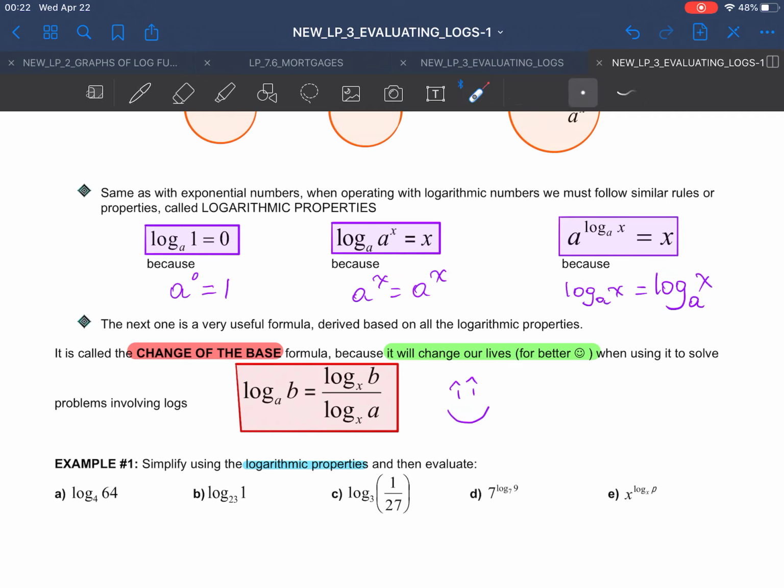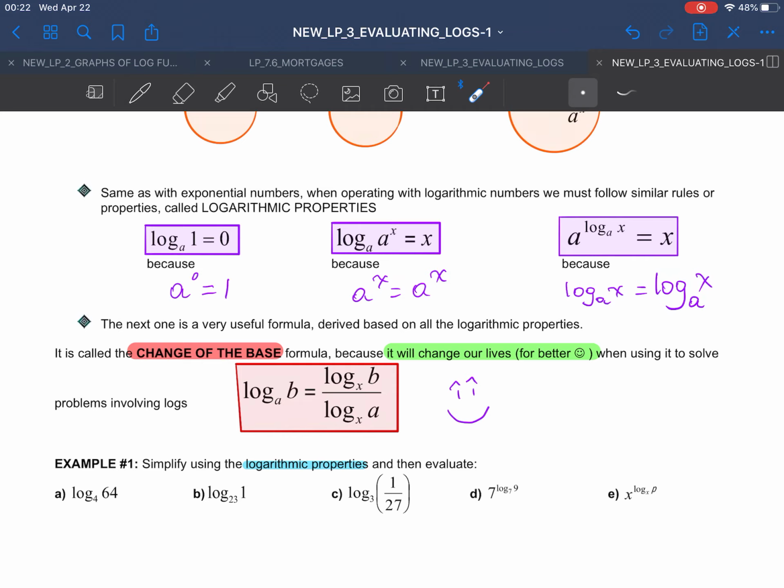Now, why do we call this the change of base formula? That is because if we are given a number in logarithmic form, such as log with base a of b, we can rewrite this as log of b divided by log of a, providing that the bases in each log stay the same.